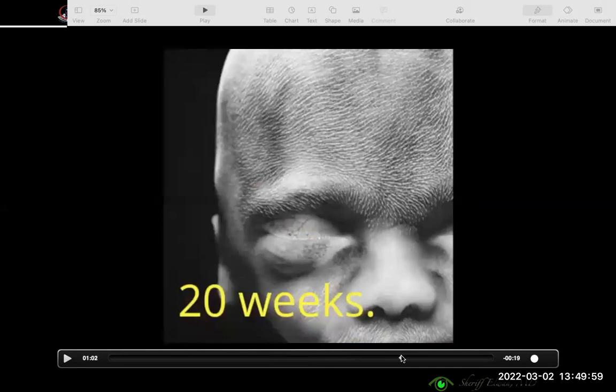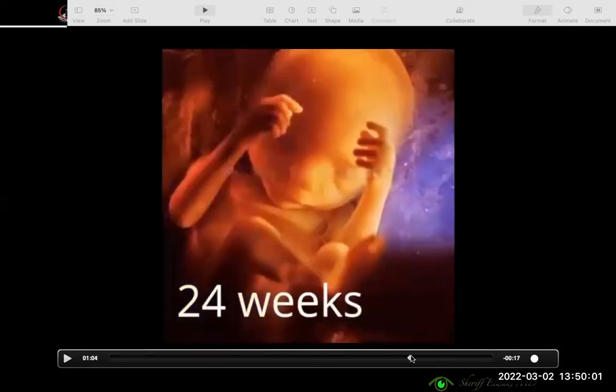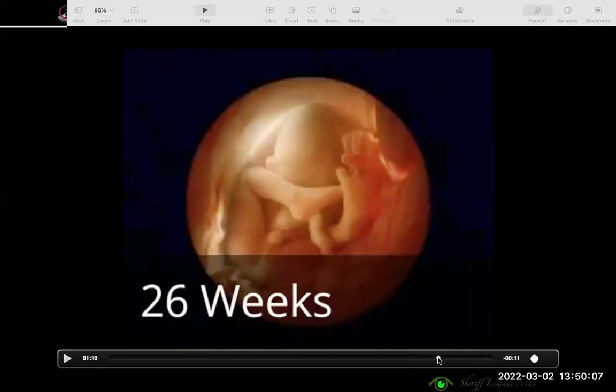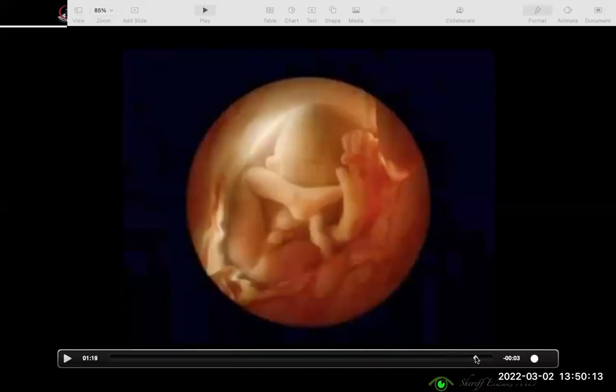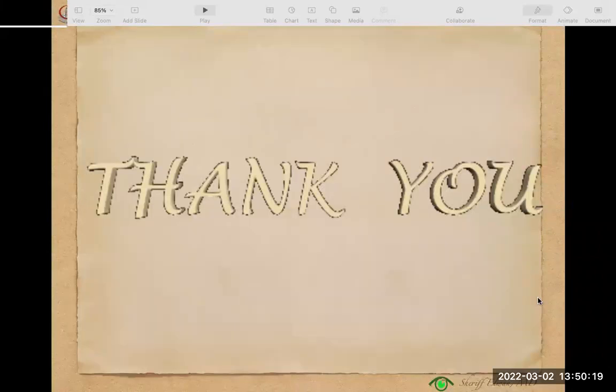At 20 weeks, completely closed. 24 weeks, the embryo is well developed. 26 weeks, 6 months, and the end where the embryo is born.